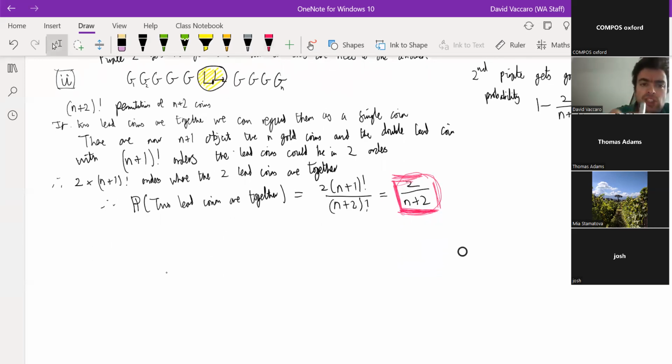Okay. I'm going to suggest, so what I'm going to look at now is a slotting argument. Okay, so let's imagine we've got the n gold coins.